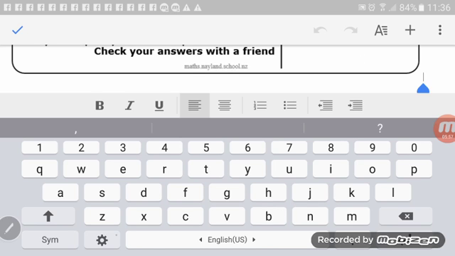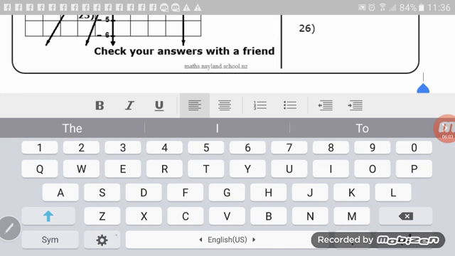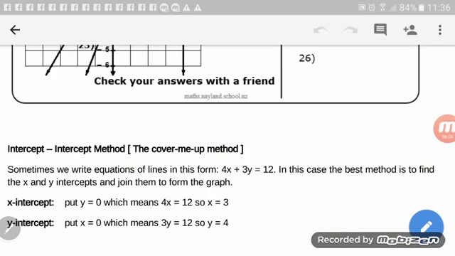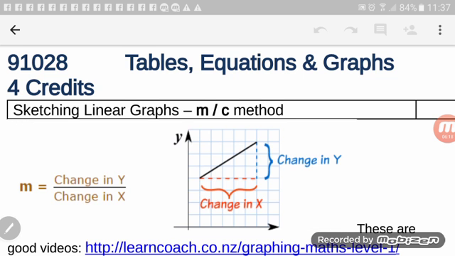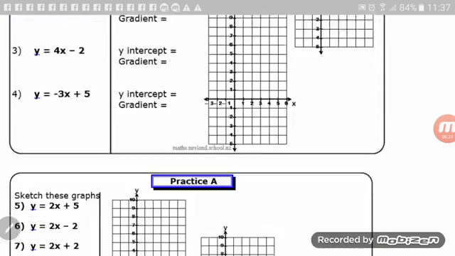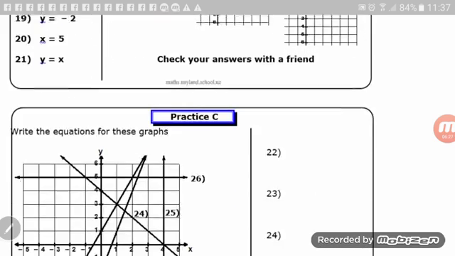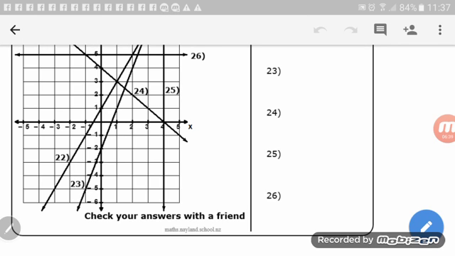Sorry about that. Okay, sorry about that. Y is equal to 5. And it's positive 5 because it is above 0. It is above the x-axis.